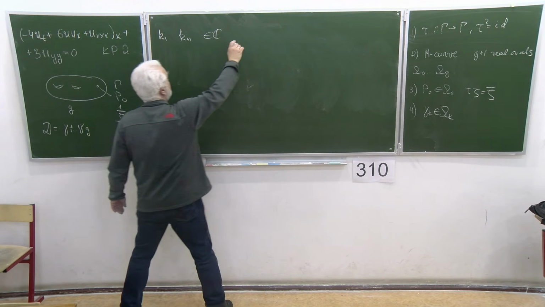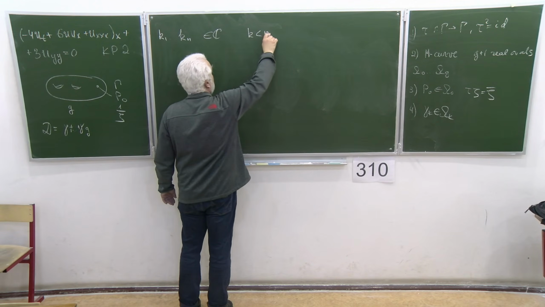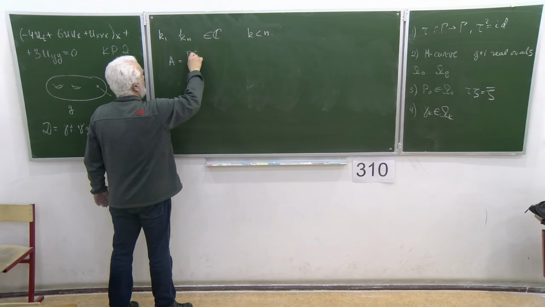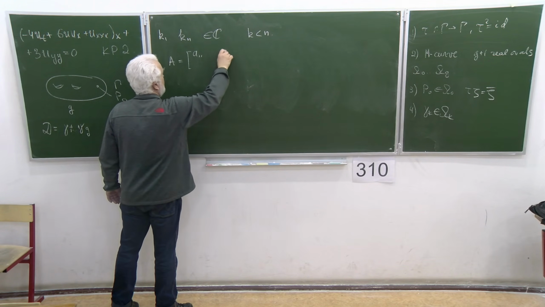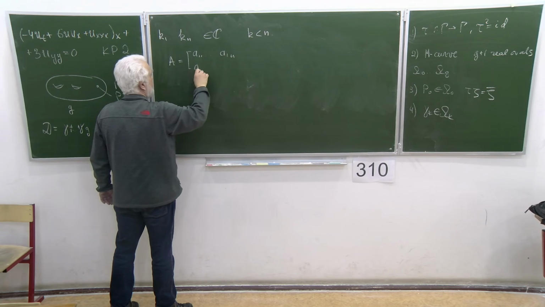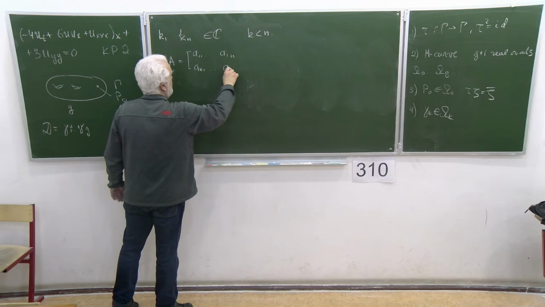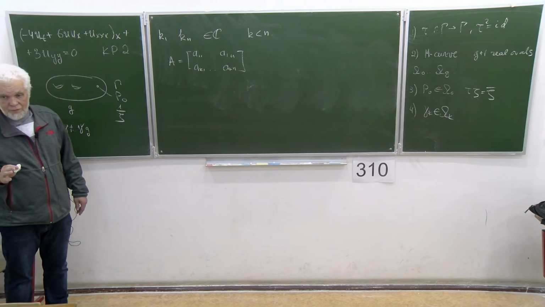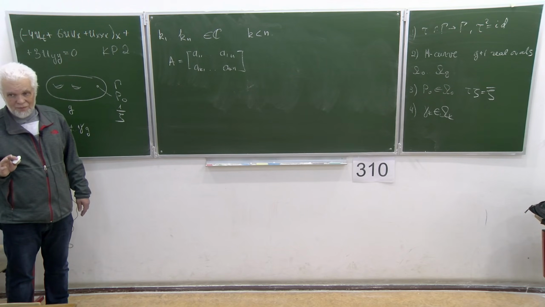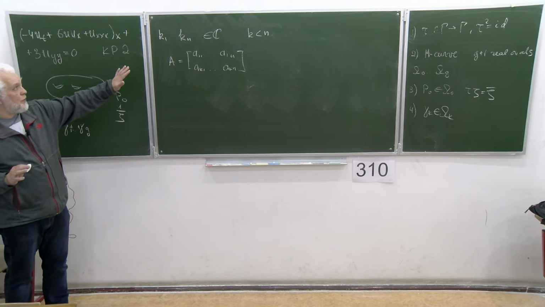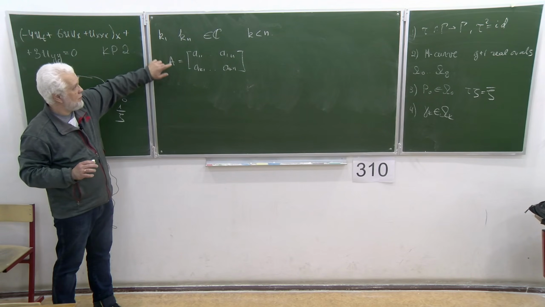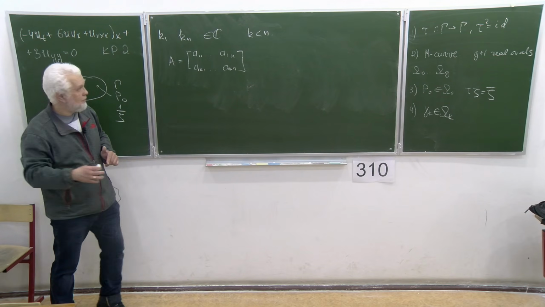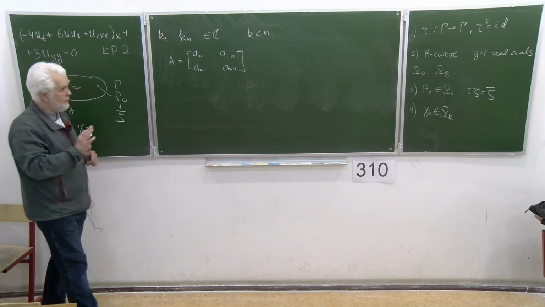You have a matrix A with entries A 1,1, ..., A 1,n, and so on. These are arbitrary data. So we have the following data: a collection of n numbers, and a matrix with n columns and k rows. So these are additional data.